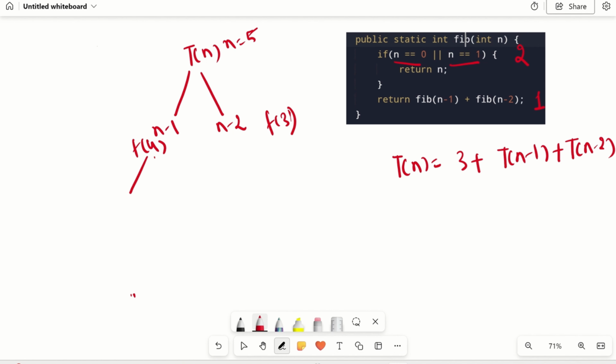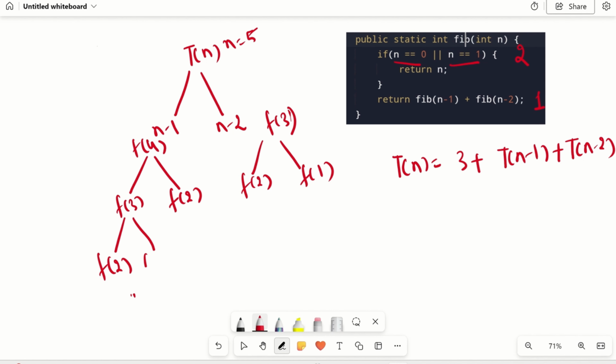If you break it further down, f4 will be f3 and f2, and f3 will be f2 and f1. And if we break it further down, f3 will be f2 and f1, f2 will be f1 and f0.